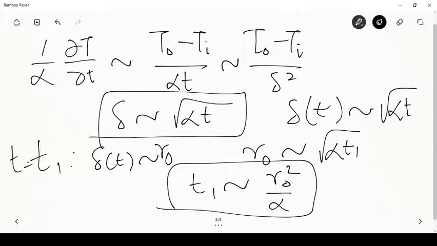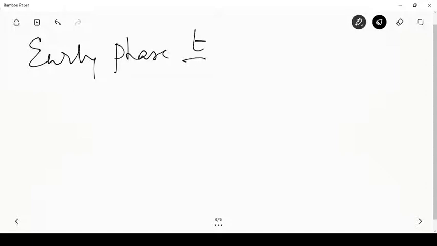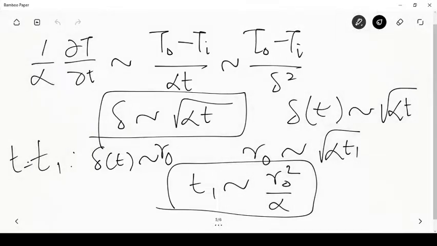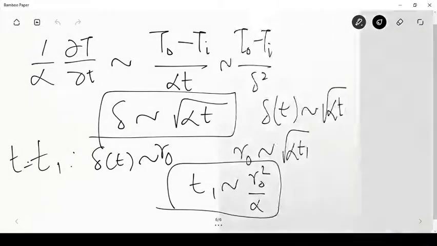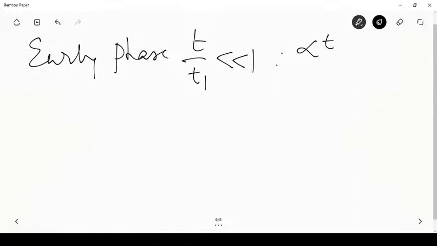So now in order to define the early phase and late phase, we can say the early phase is when t by T1 is much less than 1, because t is much less than T1 in the early phase, which basically means if I substitute for T1 from its order of magnitude R naught squared by alpha, then I'll get alpha t by R naught squared is much less than 1.